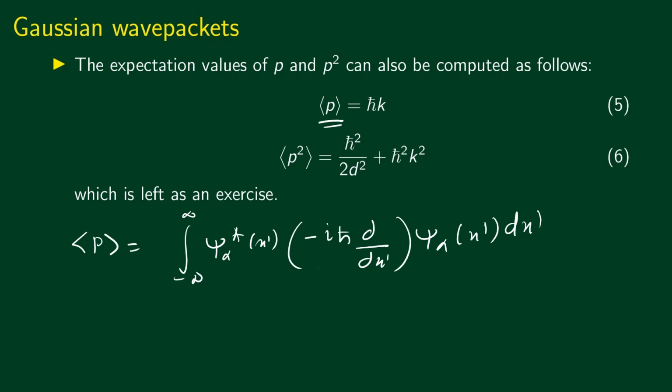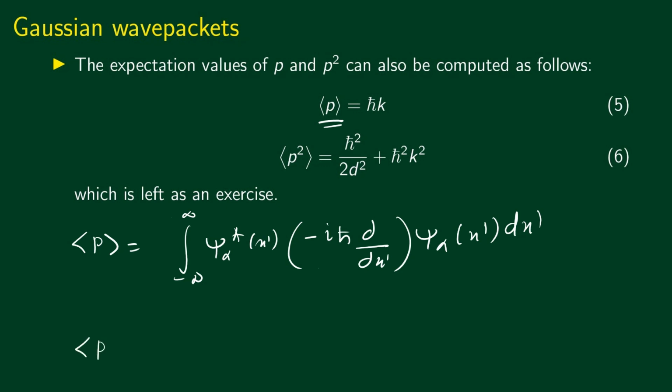Now for psi alpha of x prime here, you can use the Gaussian that we started with, and you will have to find the derivative of the Gaussian wave function once with respect to x prime, multiply the resulting function with psi alpha star of x prime, which is the complex conjugate of the Gaussian. The integration is straightforward, and I shall leave it as an exercise for you to practice.